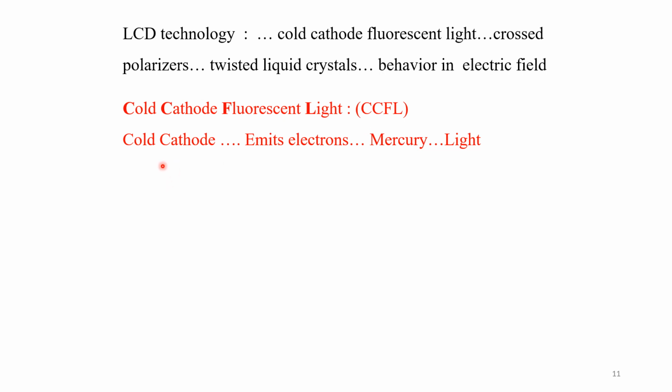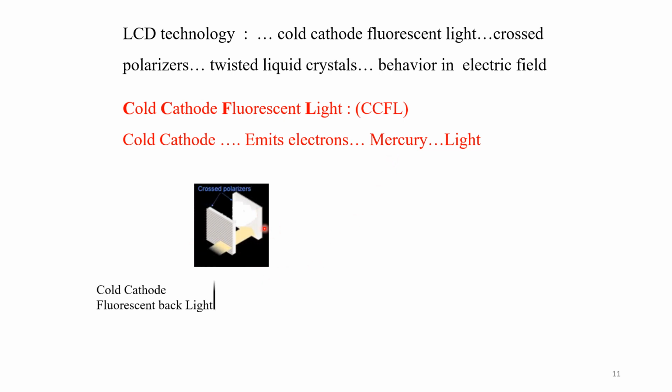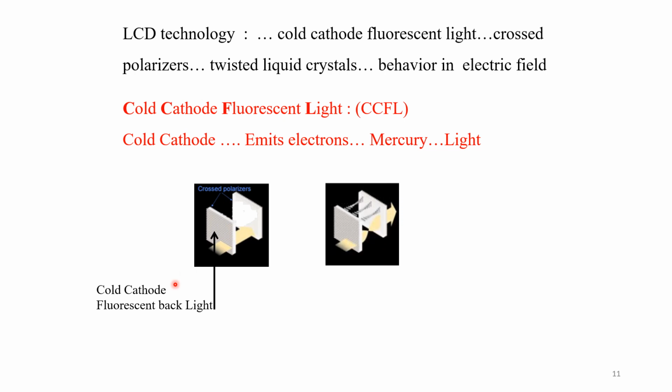And again, in this, it is the cold cathode, so there is no direct heating of the cathode. It emits electrons and we are going to get the light. And here we have the pictorial representation. We have the crossed polarizers and the cold cathode fluorescent light, and this material, the twisted crystals, is present in between, and therefore we are going to have the light.